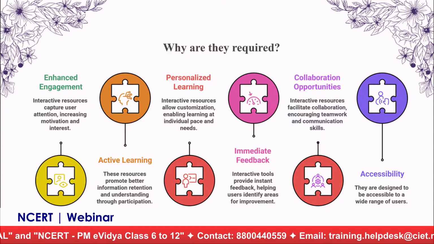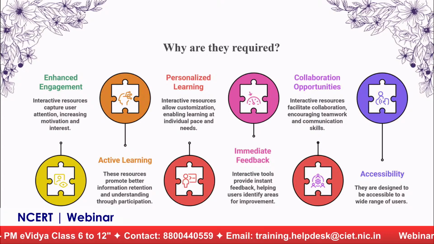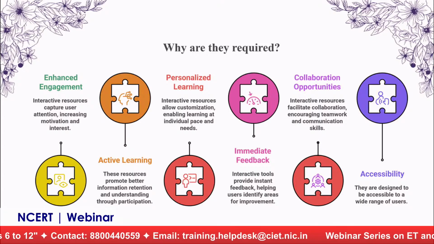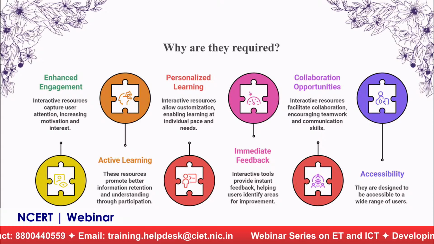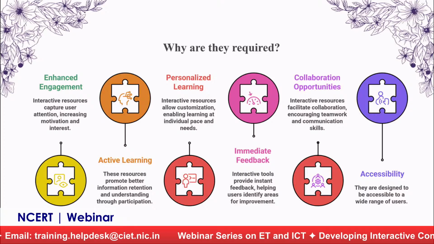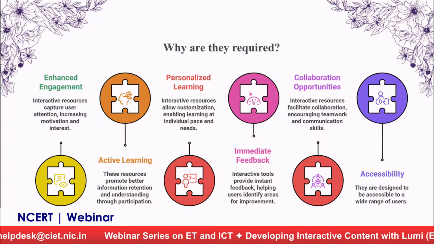So for the variety of learners we get in our classes, their receptive level or learning level is completely different. For that reason, we have to use a teaching method in such a manner which will enhance their engagement, foster personalized learning, give them opportunity for collaboration, and help active learning.